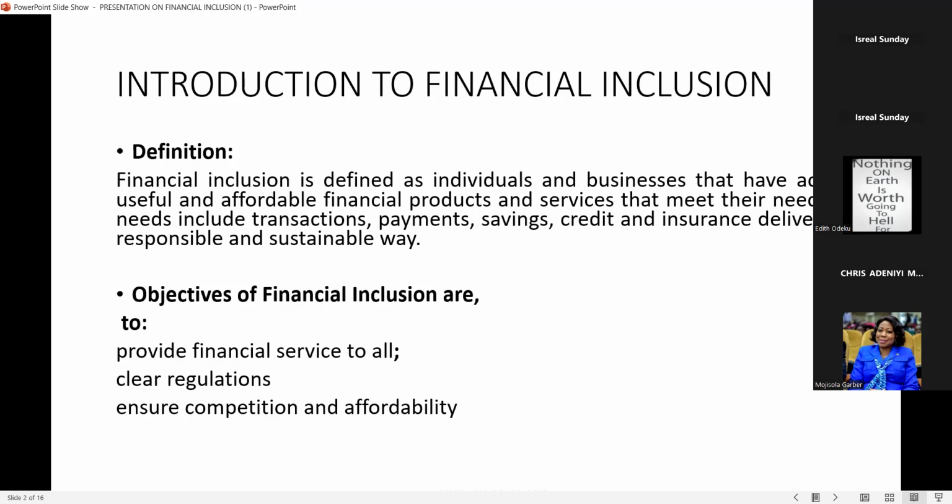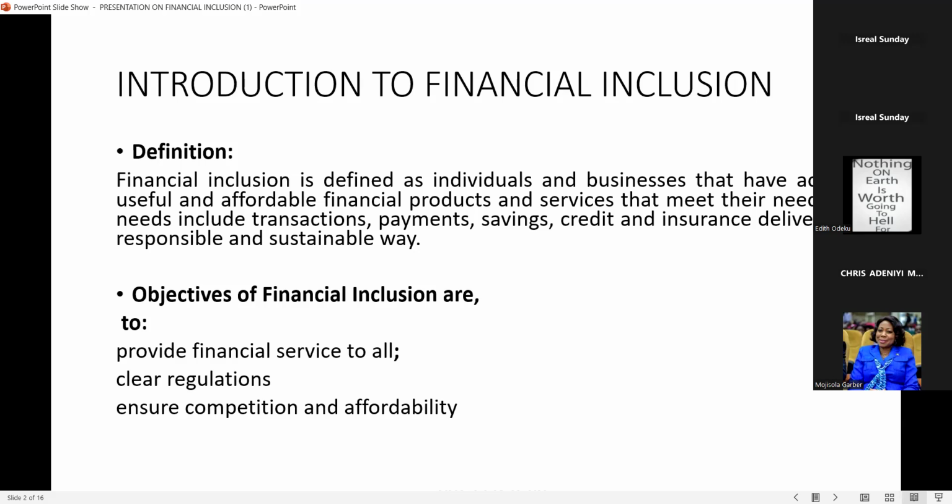It is because of this relationship that the global body deems it fit that financial inclusion should be entrenched and deepened, so that people who do not have access to transaction, payment, savings, credit and insurance services can benefit.